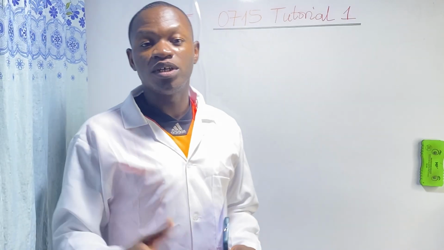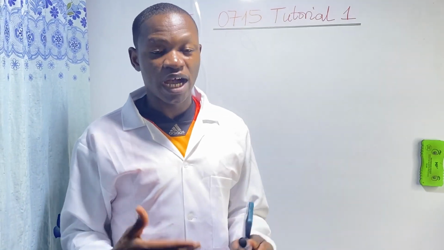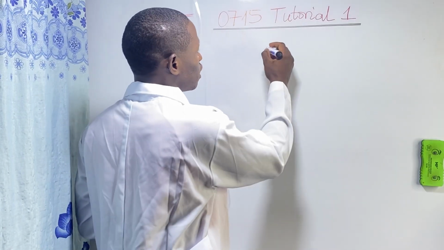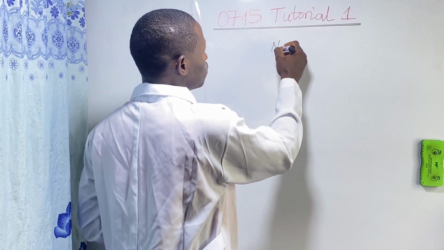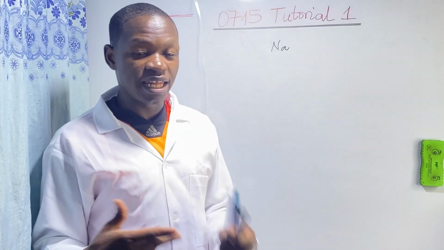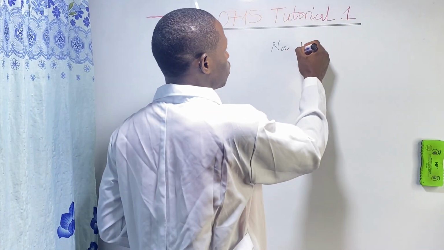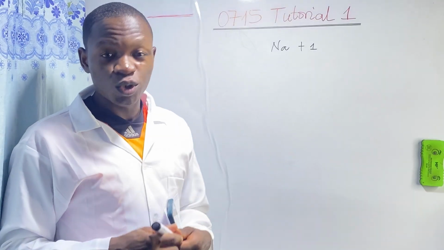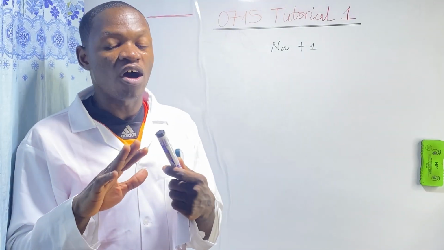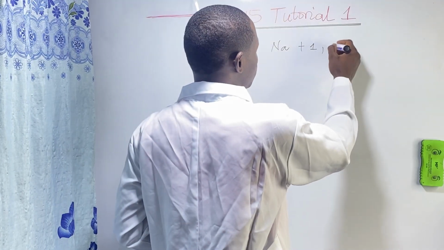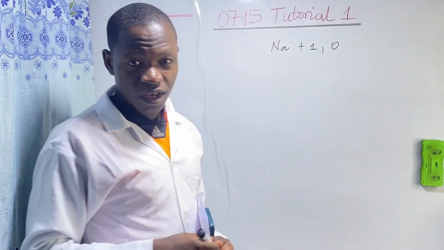Before we define oxidation number, let's look at what oxidation numbers are. We know that sodium, when in a compound, has an oxidation number of +1. When sodium is in the uncombined state, its oxidation number is 0.